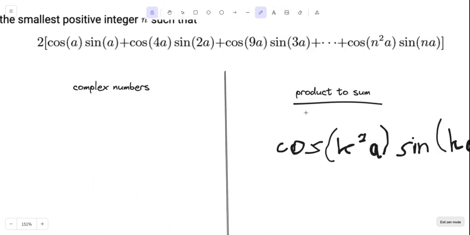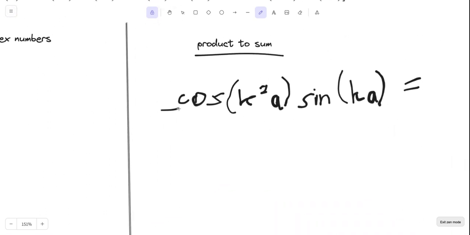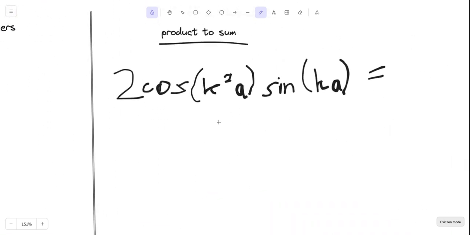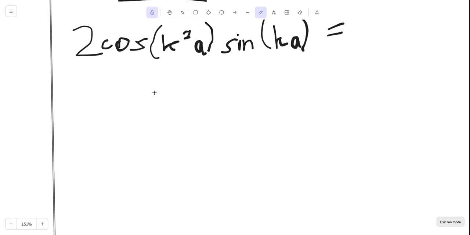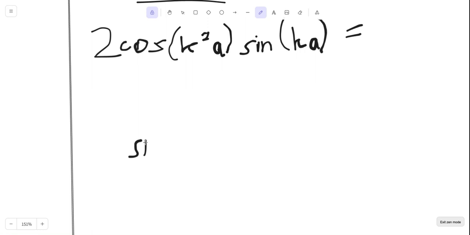Using product to sum, each term is multiplied by 2, the entire series. This is the perfect form to convert because it becomes 1/2 of some sum, so we can ignore that 1/2. These two are different, so you would use this two sines identity.